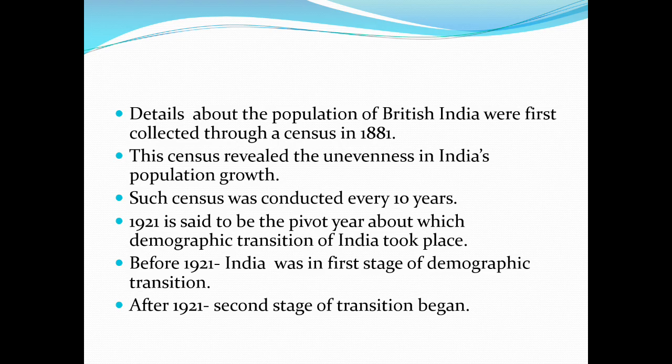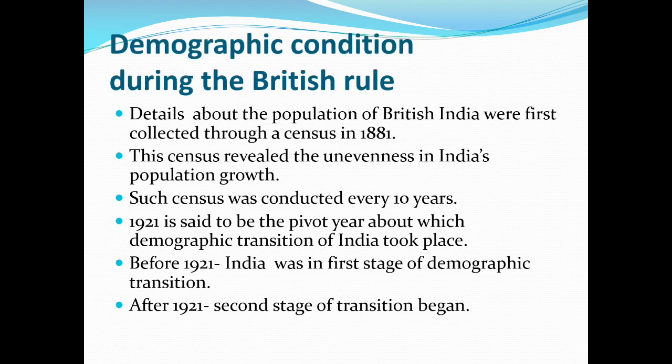That was a situation where demography became a big criterion to be understood by each and every individual, and it became a necessity for the country's economic growth. After 1921, the second stage of transition began. So again, every 10 years the census was conducted, and after 10 years the second transition also began. Okay, so this was the demographic condition during the British rule.